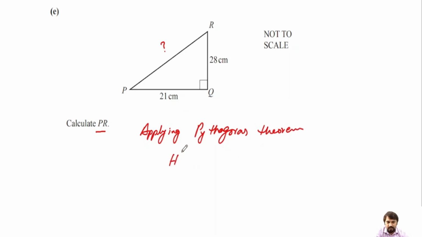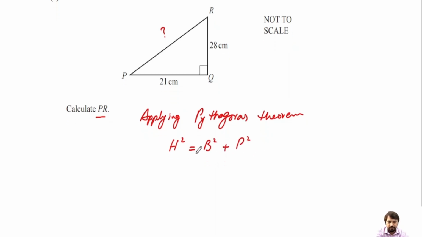Hypotenuse square is equal to base square plus perpendicular square. I have told you in my previous video, base is also known as adjacent and perpendicular is also known as opposite. So this one is opposite and this one is base or adjacent. So the hypotenuse is PR. PR square is equal to 21 square plus 28 square.